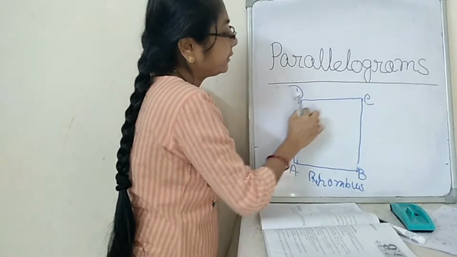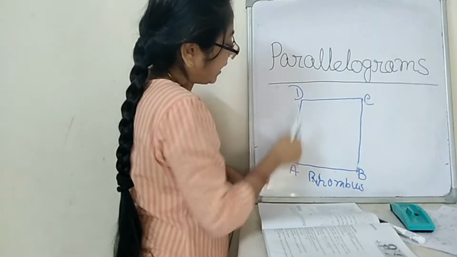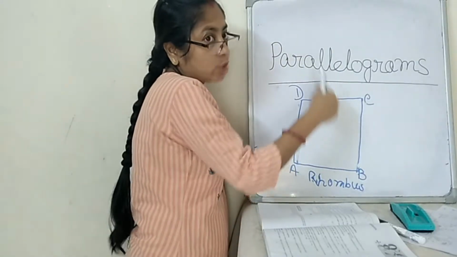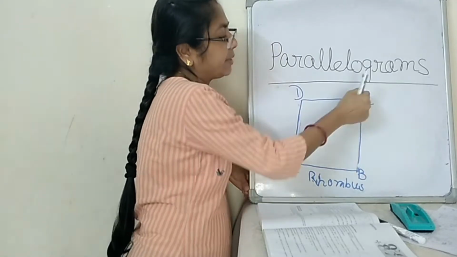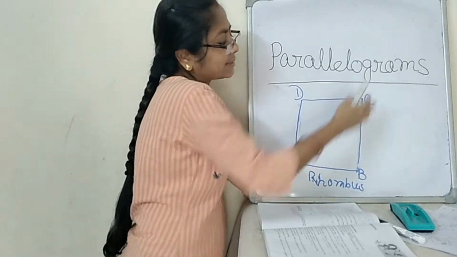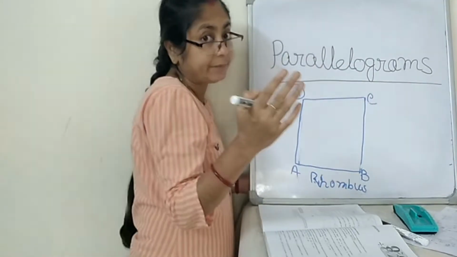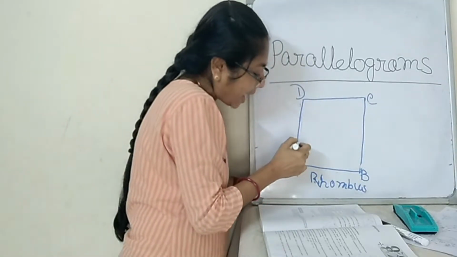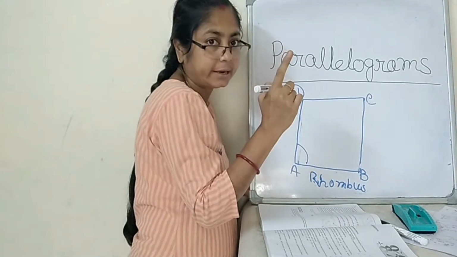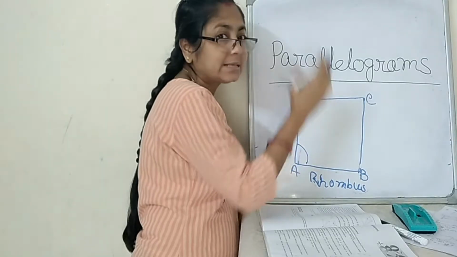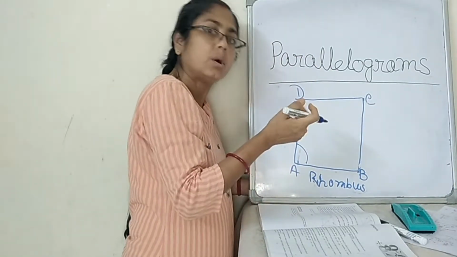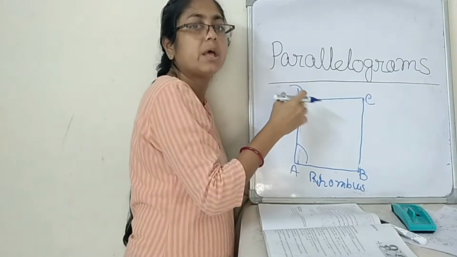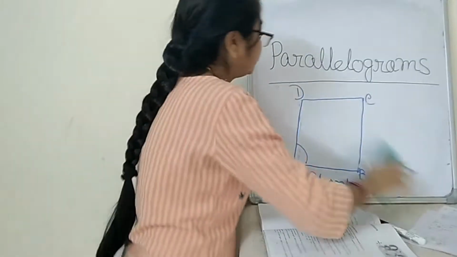AB and DC, opposite sides, are equal and parallel. AD and BC are also equal and parallel. All the sides are equal. But what is the main difference from the square? Look, the angle is not 90 degrees. The angle is a little bit slanting. That is the main difference from the square. Okay, it is also a parallelogram, a special type of parallelogram.